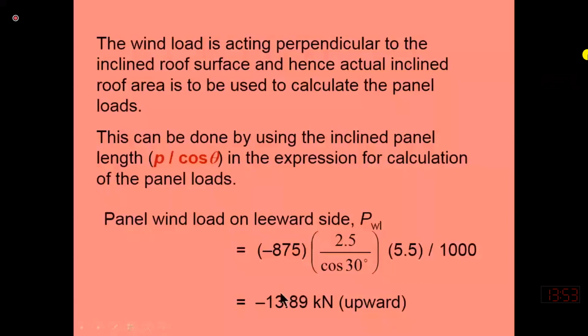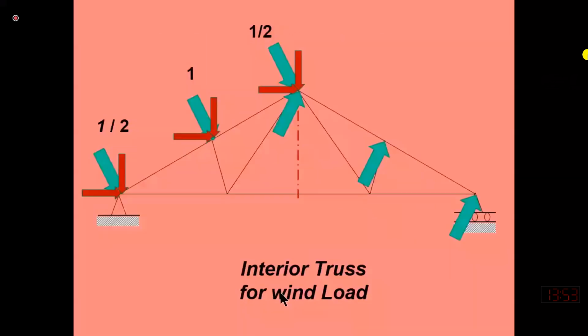So what I want to say again is that when the wind load is acting, the total wind is like this. We have the wind force from the windward side, and we also have the wind force in the leeward side. So I can split these two forces into two components.